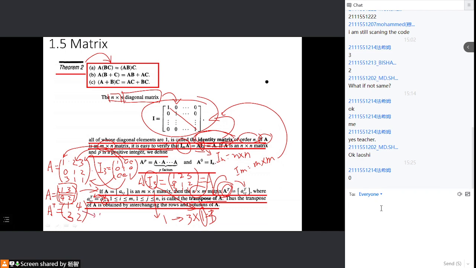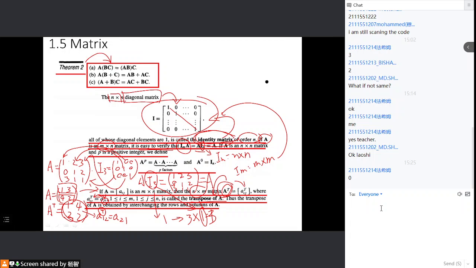It means A1,2 is 3, and it is A2,1 in AT. These elements are the AT.